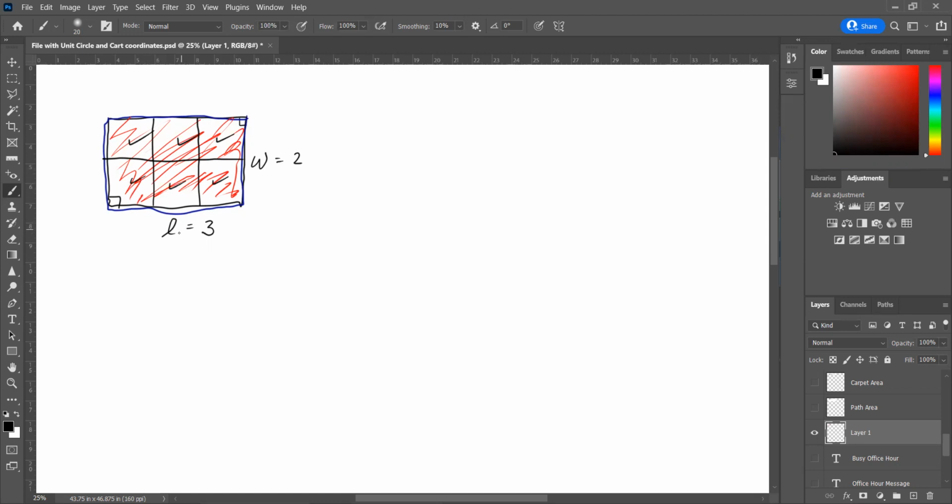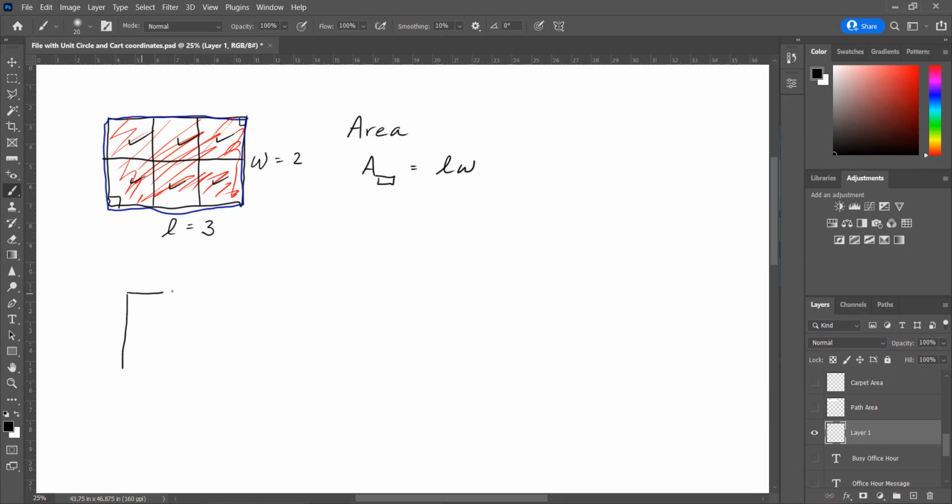So it's as if we have 2 rows of 3 each, or 3 columns of 2 items. That's basically what we're talking about with area. The area of a rectangle is just length times width, which makes it a bit easier to calculate. I mean, just multiply a couple of numbers together.